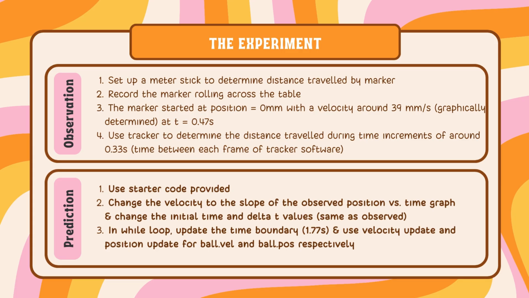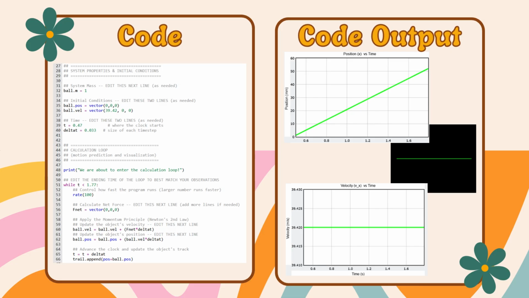And we use velocity update and position update for the code. And so this is a portion of the code that we changed. Everything else was the same as the starter code. And it outputted a little position versus time graph and a velocity versus time graph, and a model for what the motion of the marker would be, which also was the same as the observed.